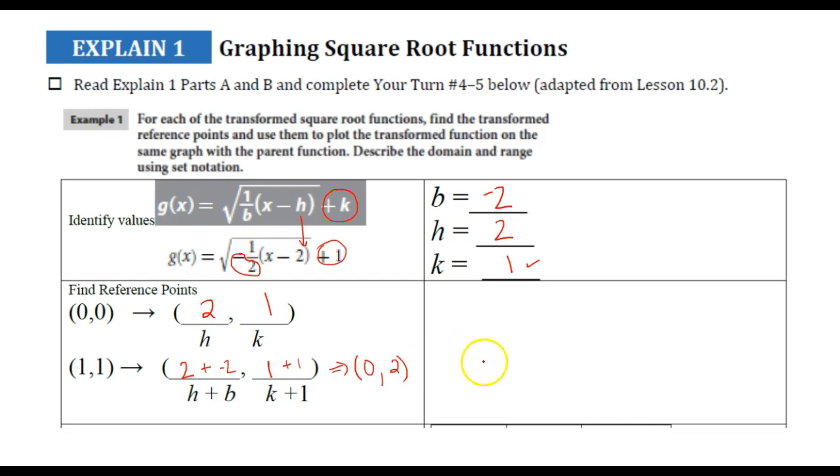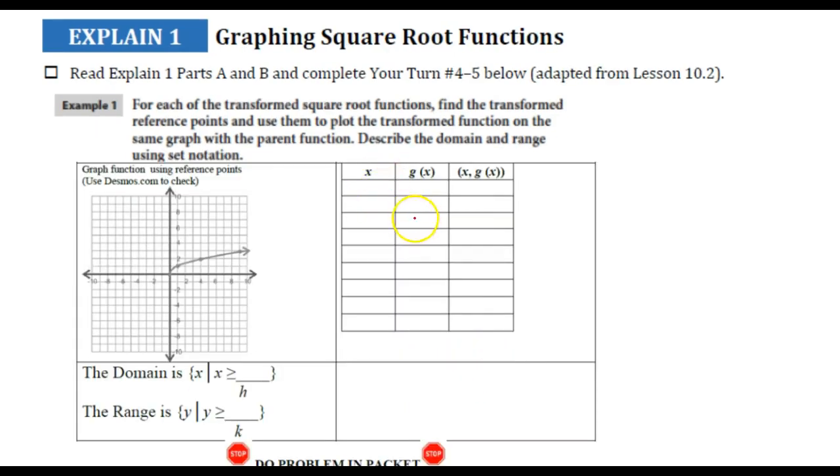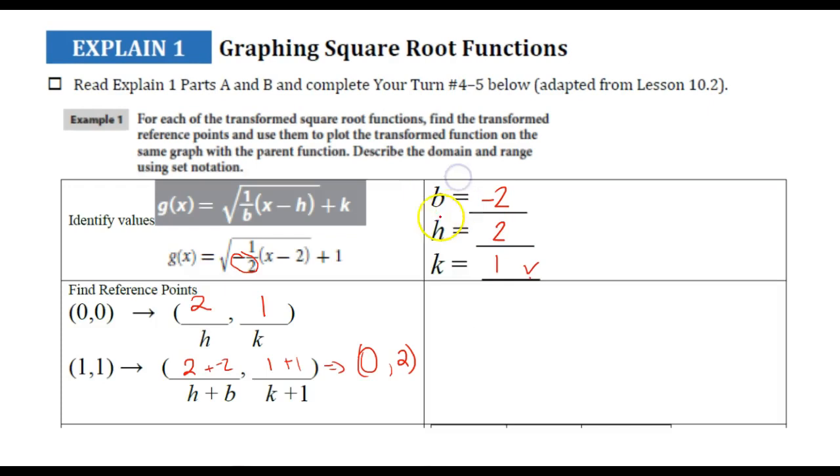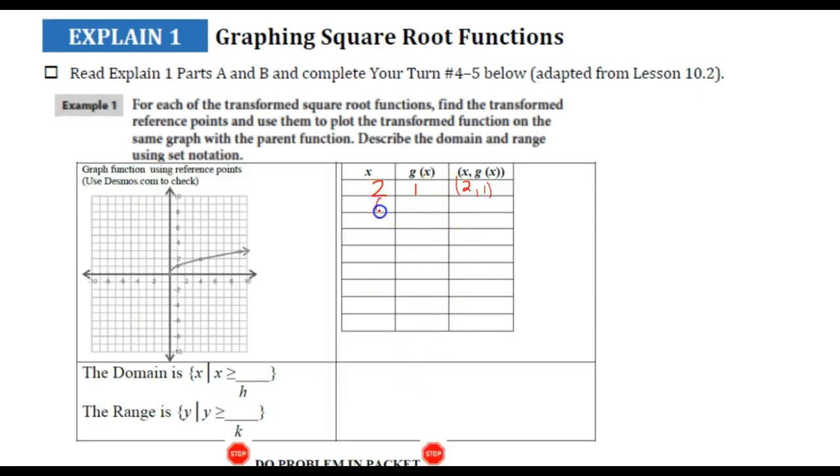So we're going to graph those 2 points. This point was 2, 1, and the other point was 0, 2. So that's 2, 1 and 0, 2.